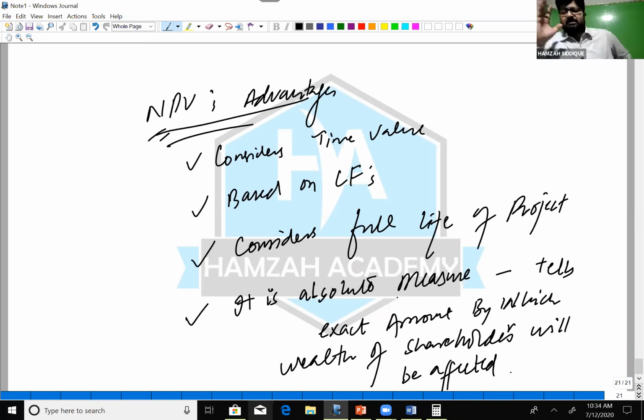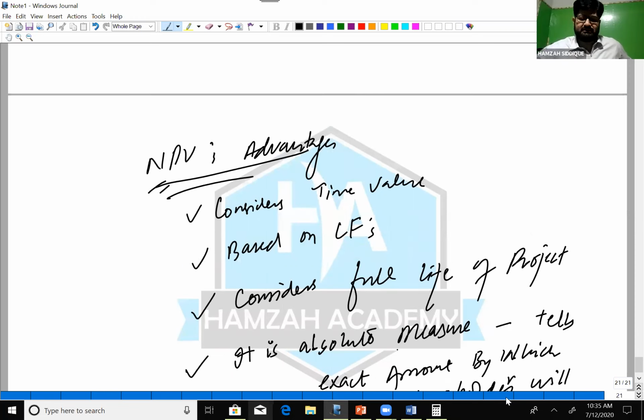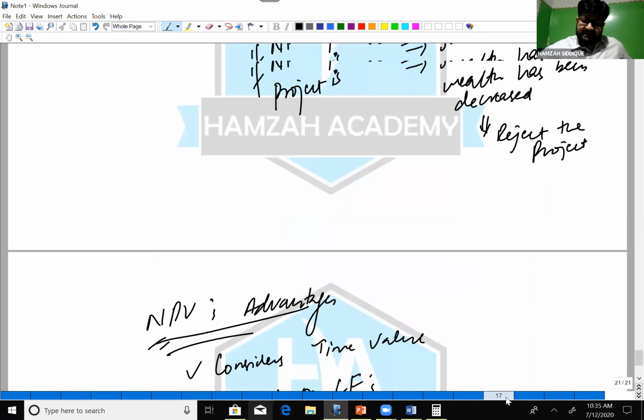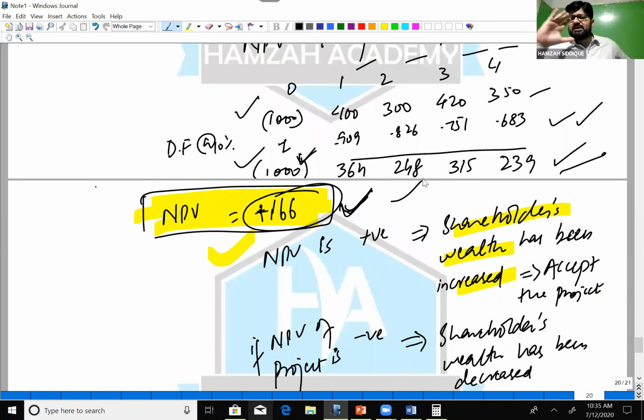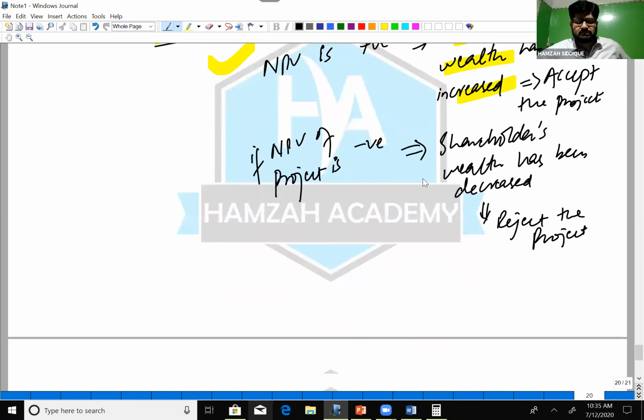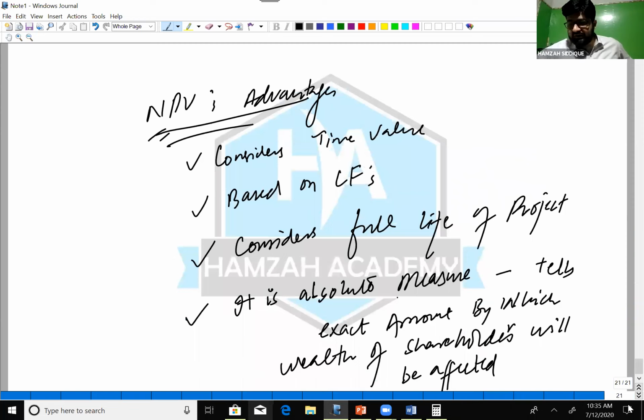For example, shareholders' wealth has been increased by 166 million. Exact amount, absolute, so it is preferable. One more thing: a very realistic assumption.